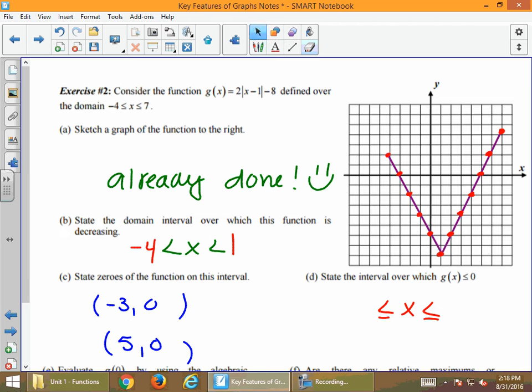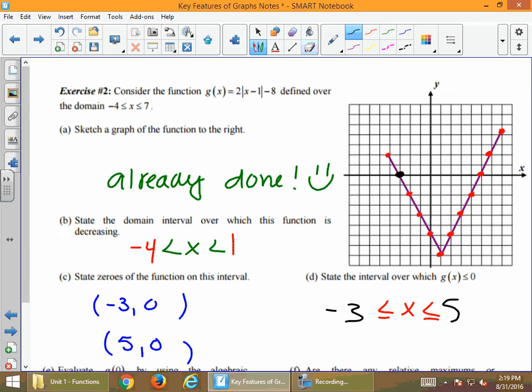And we said that shortcut would be to look at the X-intercepts. What's our smallest X-intercept? What's our biggest X-intercept? 5. There you go. Because we want to know where this function is equal to 0. Well, it's equal to 0 at our first X-intercept.